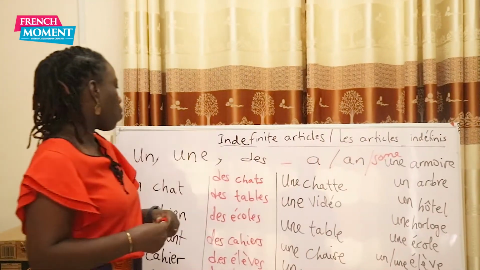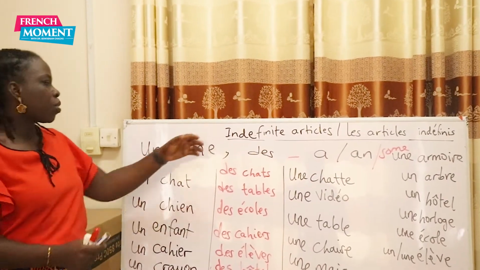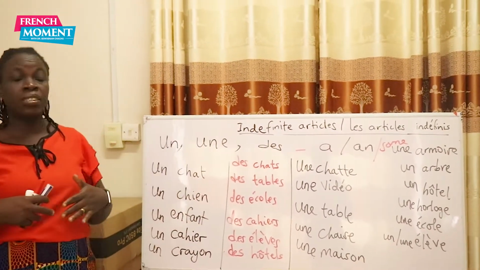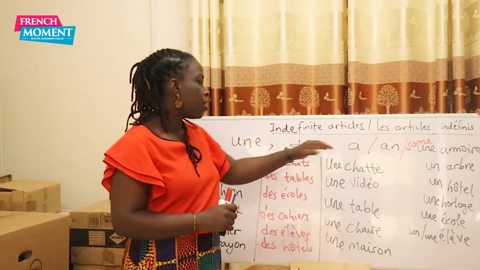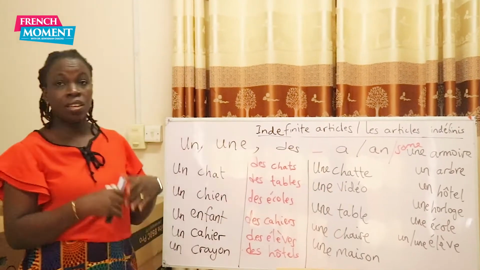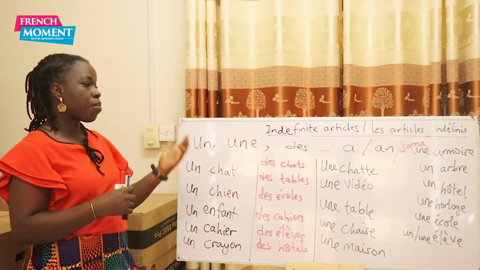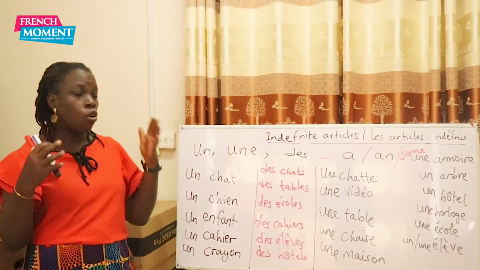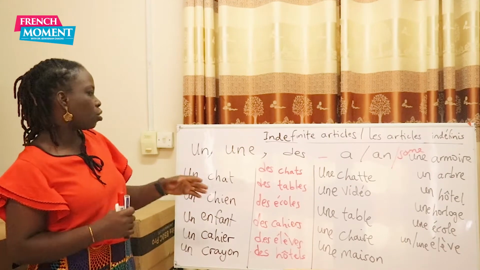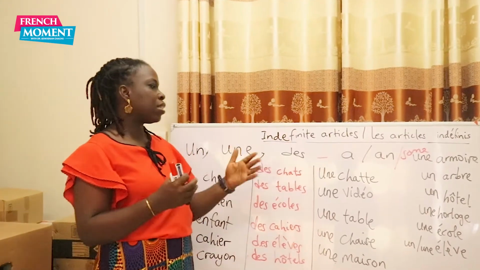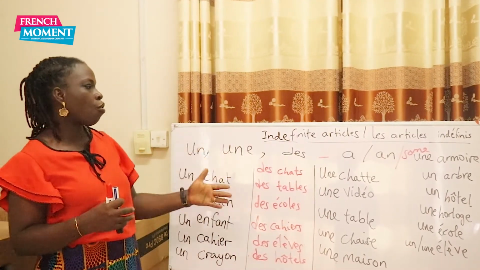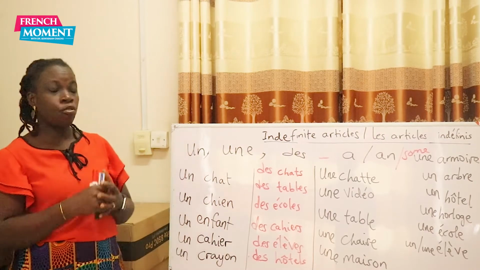So when you want to express them, as I explained for articles définis, they go with specific nouns depending on whether they are masculine, feminine, or plural. And so we are going to take each one and look at the kind of nouns that they go with.